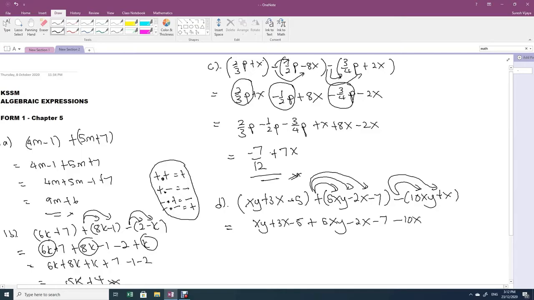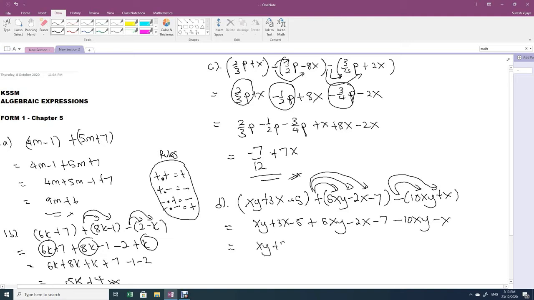Negative times 10xy, negative times positive x, so we have another one which is minus 10xy minus x. So we solve this. So those are the rules, I will write it down so that you can use it as reference.